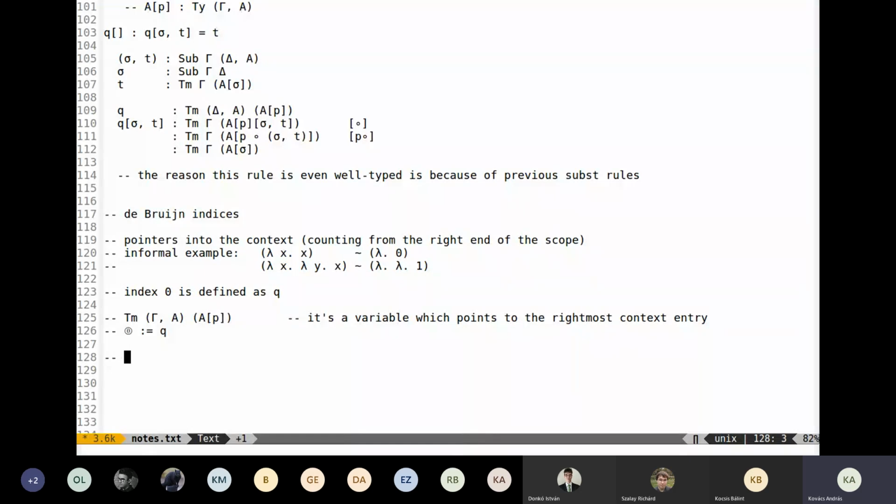Okay, and what about the index 1? First let's just try to type the index 1.